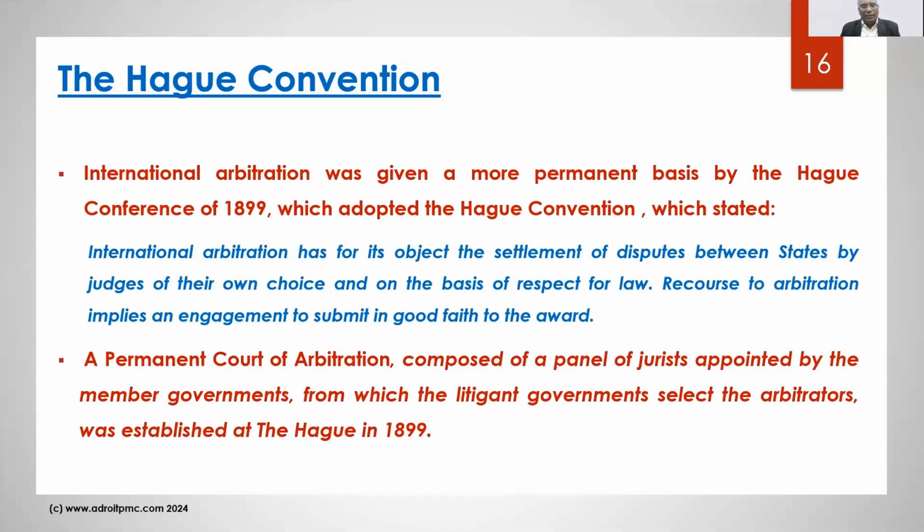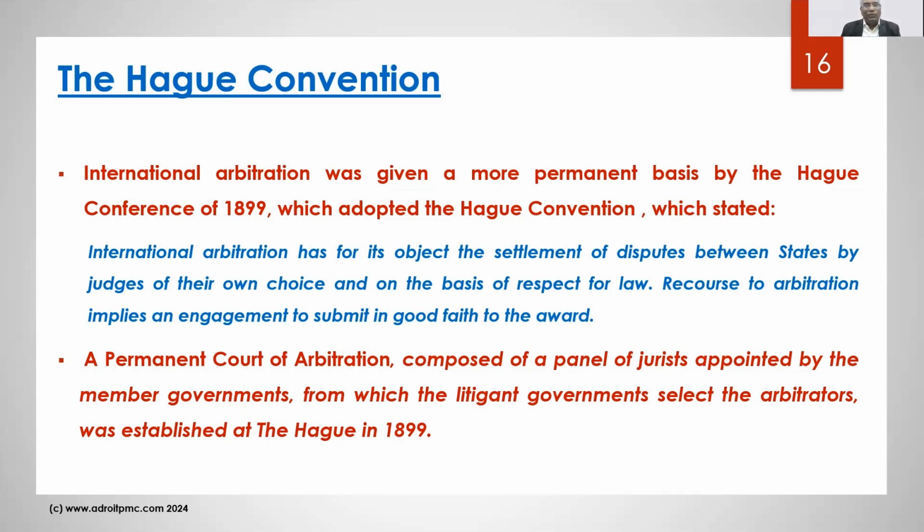And then the Hague Convention evolved. This is an important milestone in the history of international arbitration. We all know that the International Court is located in the Hague, Netherlands. But interestingly, even before that, an arbitration court was set up in the Hague.